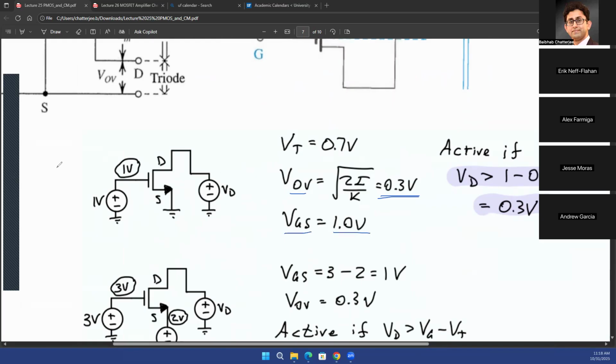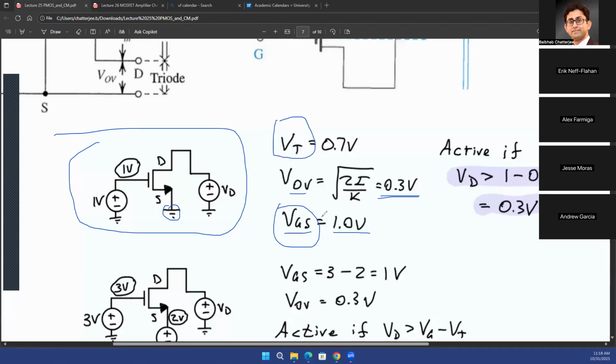VGS is also given to be 1 volt, that your gate is connected to 1 and source is connected to ground, which is 0 volts. So your VGS is 1 volt, V overdrive is 0.3 volt, and VT is 0.7 volt. Of course your VGS is higher than your VT, or so you can say absolute value of VGS is higher than the absolute value of VT. Since this is an NMOS, those are positive anyway.